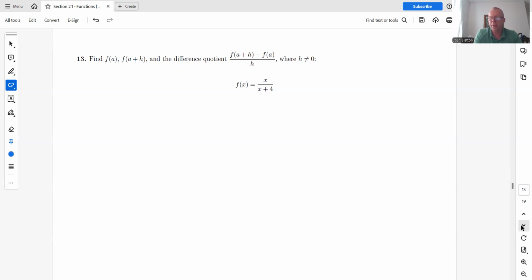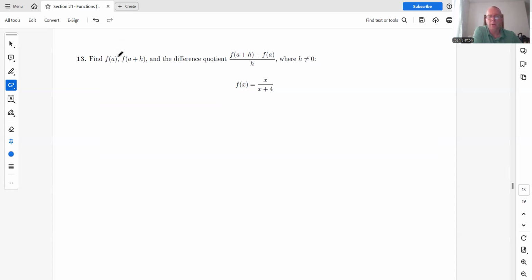Maybe not so much with calculating the difference quotient, at least looking at the calculus, but just understanding the idea of the difference quotient, how it relates to slope, and not just the slope of a linear function, but the slope of any type of function.